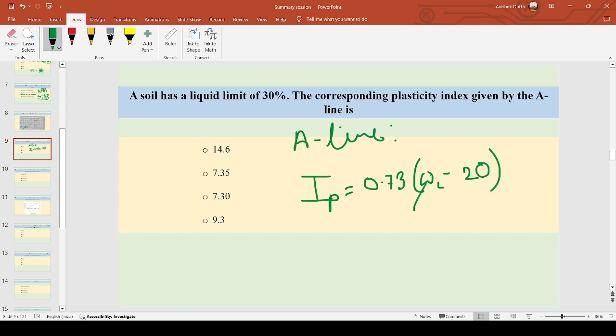What is WL? WL is the liquid limit, and in this sum, the liquid limit which I have given, the value is 30%. So it will be how much?